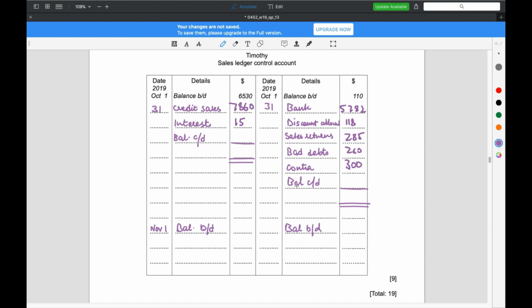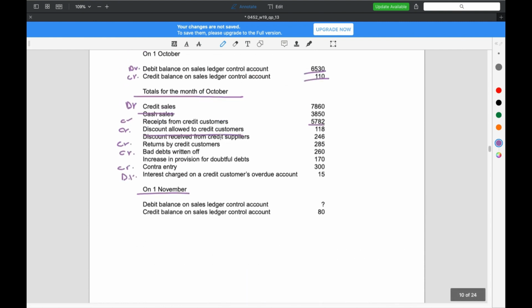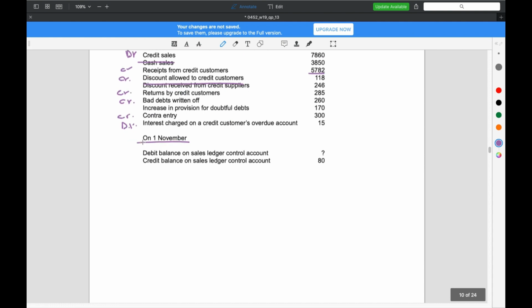Okay, and then we have two carry downs here. What does that mean? He's given you the brought downs for 1st November. So the debit balance on the sales ledger control account on 1st November is unknown. This is the brought down on 1st November. And then the credit brought down on 1st November is 80 over on the credit side. If 80 is brought down on 1st November, this means that on the 31st of October, this $80 was the carry down over on the debit side.